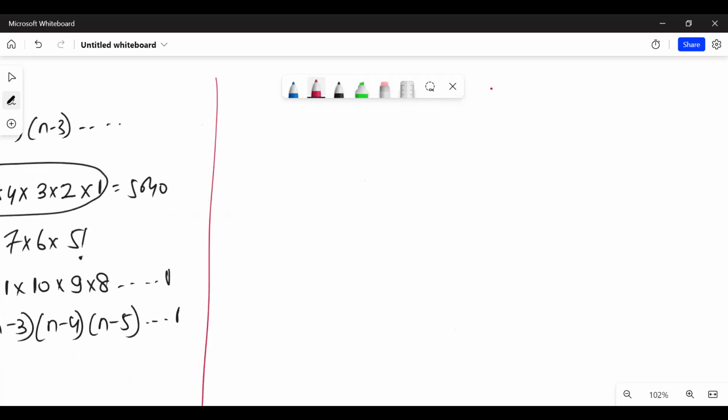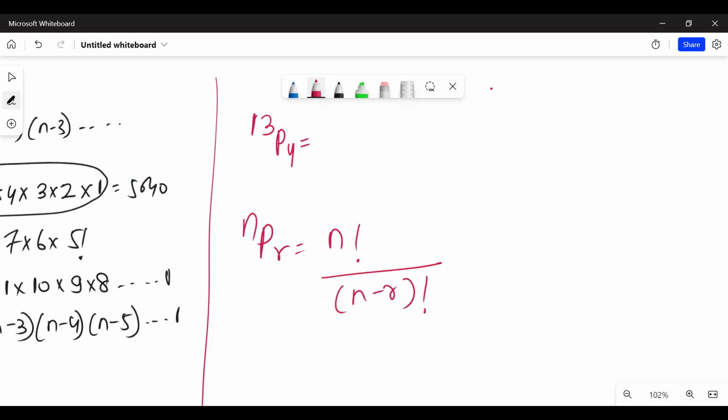Guys, you can use the chat option. If you have anything to ask, please ask me. So see, if I'm asking you what is 13P4, the formula of nPr is n factorial by n minus r factorial. So 13P4 is 13 factorial by 13 minus 4 factorial. 13 minus 4 means 9 factorial.